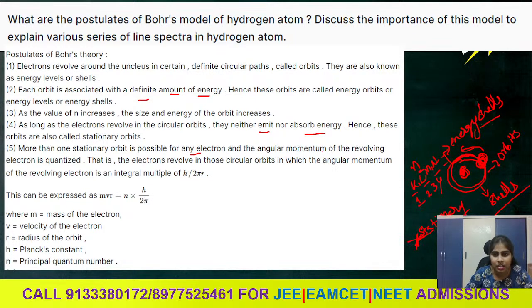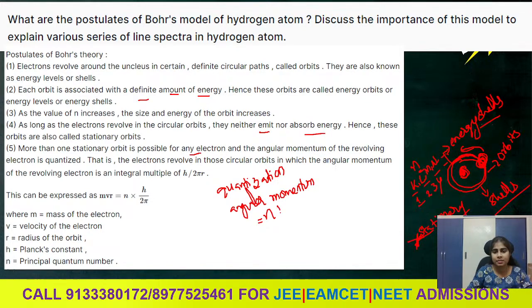And the angular momentum of the revolving electron is quantized. So here you have a word, quantization. What is quantized here? The angular momentum. Angular momentum is quantized. It means it is multiplied by n times.